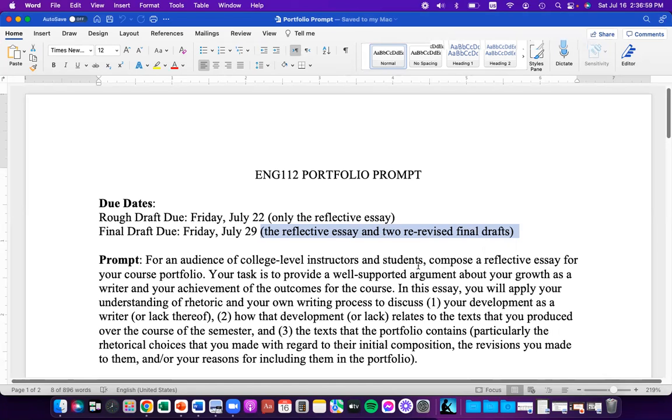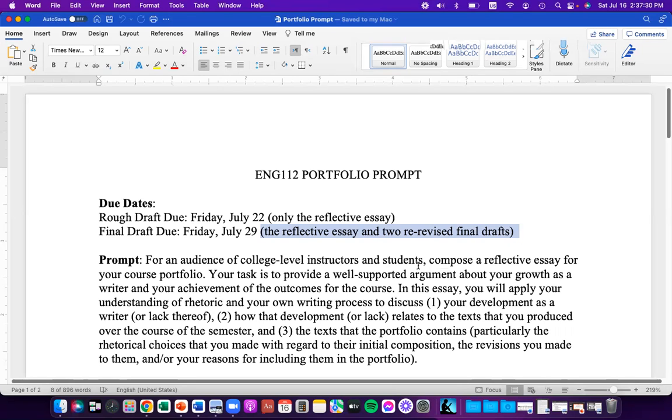So again, you're doing a brand new reflective essay. This is not something that you have written before. It's going to be a brand new essay. In that essay, you are going to be talking about how you have grown as a writer in this class, or maybe how you haven't grown as a writer in this class, whether that be because maybe you knew most of the information coming in, but this class was a great practice time for you.